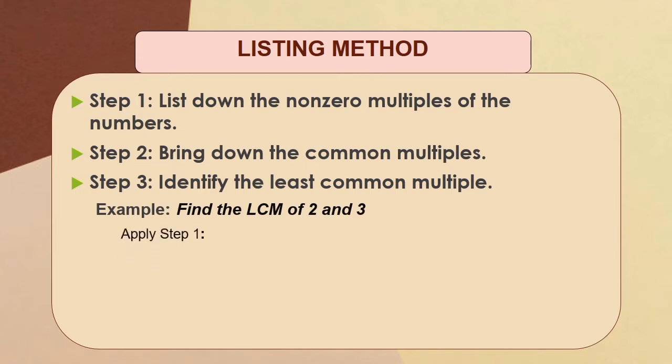Let's apply the step 1. The multiples of 2 are 2, 4, 6, 8, 10, and so on. The multiples of 3 are 3, 6, 9, 12, and so on.